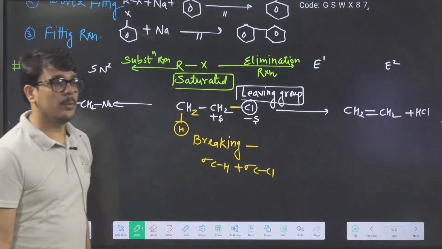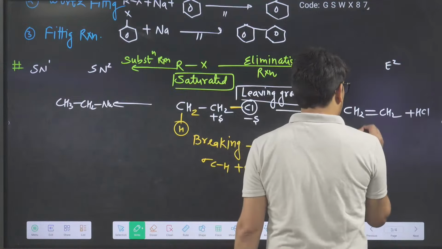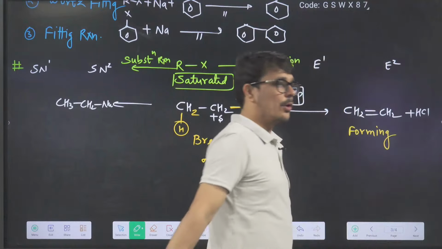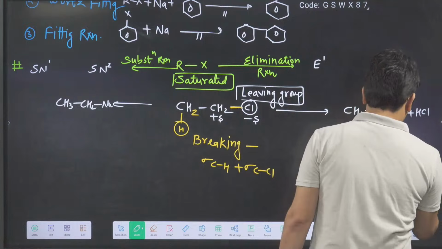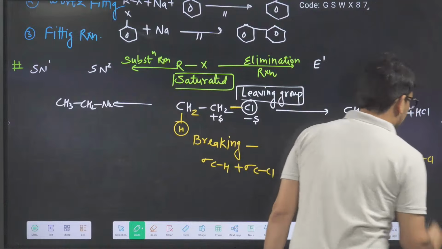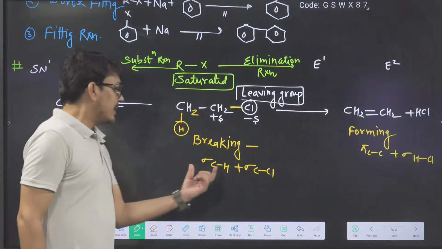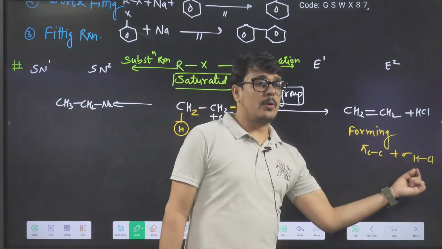We are breaking two bonds here, sigma C-H and sigma C-Cl. Here we are forming which bonds? One pi C=C and one sigma H-Cl. Can I say it like this or not? So on this side we are breaking two sigma bonds, and on this side we are forming a sigma bond plus a pi bond.